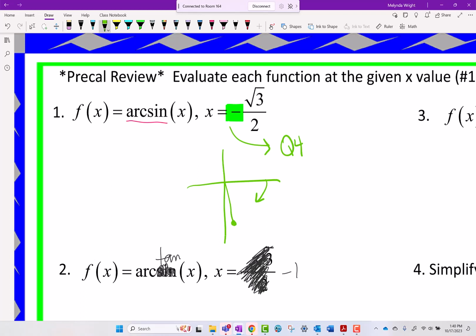And remember, we count. So this is 1 pi over 6, 2 pi over 6. So this would be a -2 pi over 6, which is a -pi over 3. So the answer to this, arcsine of -√3/2, is -pi over 3. That's my answer.